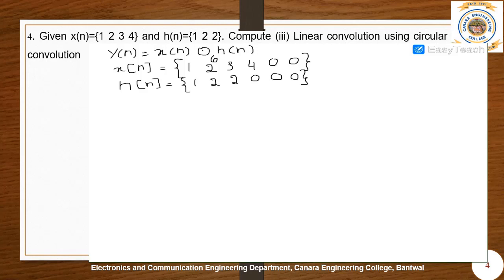Now let us try to find out y of n by circular convolution method.